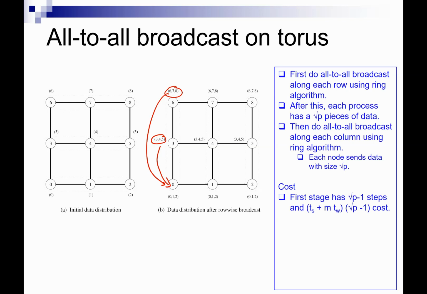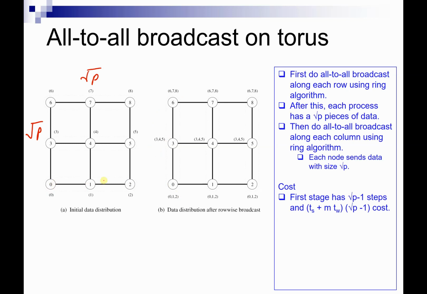Okay, so now the cost. For the first stage, if you have p processes in this torus, then it's a root p by root p torus. We saw that if you want to do all-to-all broadcast among k processes, it takes time proportional to k.